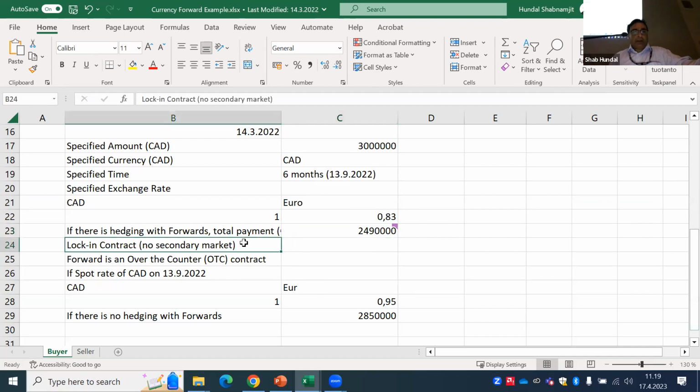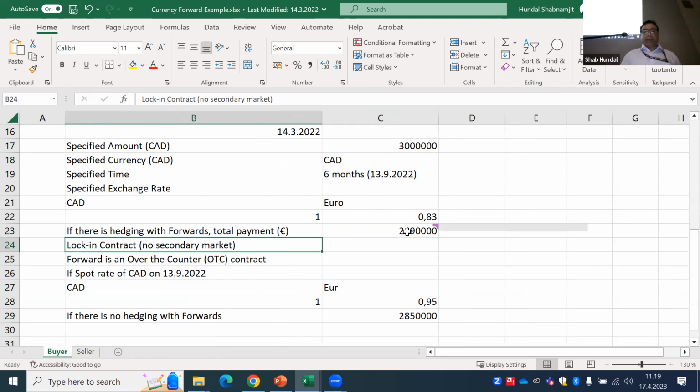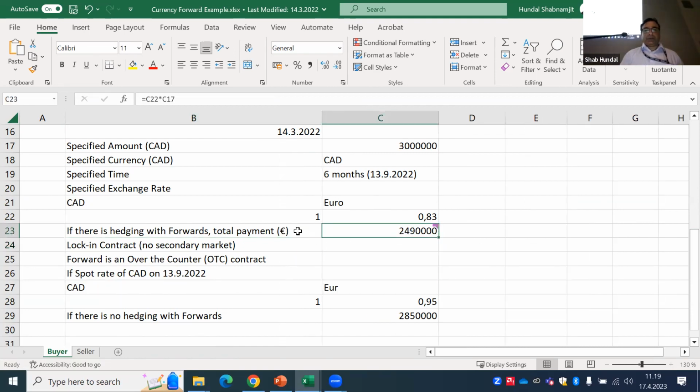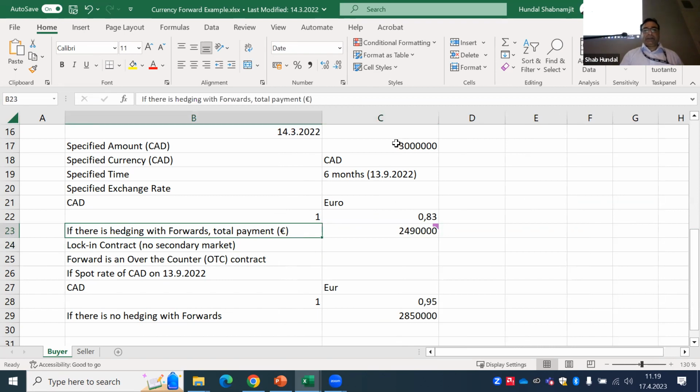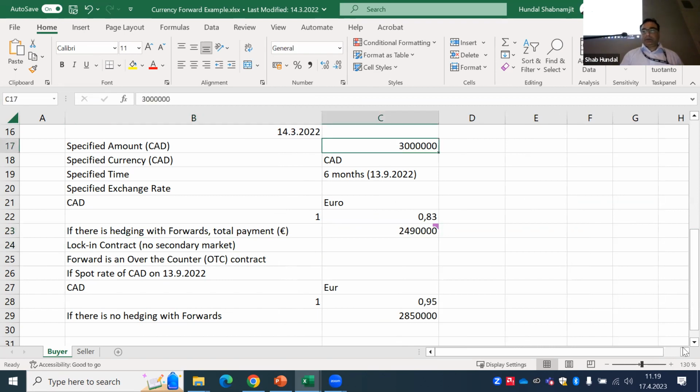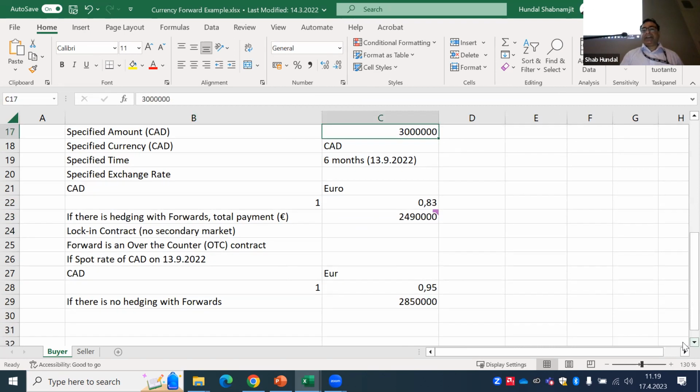Simple. Locked in. So you pay 2.49 million euros, and in turn, you get 3 million Canadian dollars. And this contract is signed right now. For the next 6 months, you don't have to worry. Things are settled down.